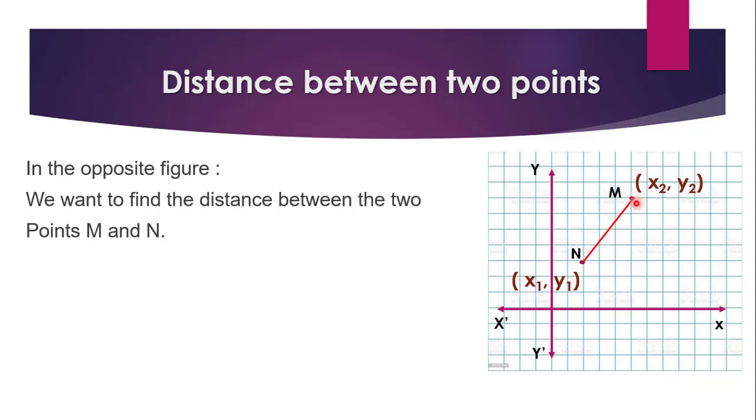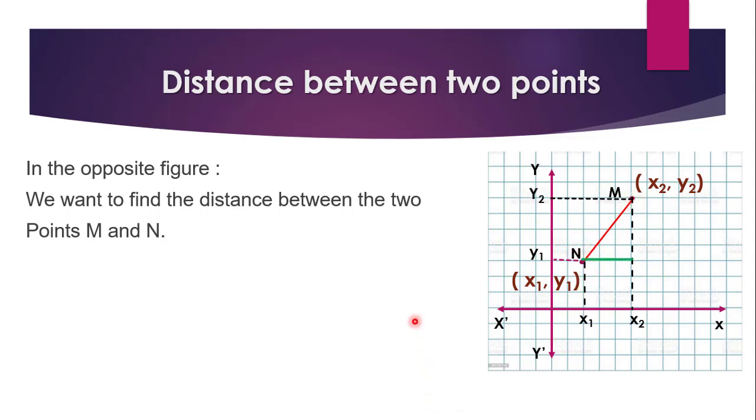In this case, I want to complete the drawing of a right angle triangle in which MN is the hypotenuse of this right angle triangle. Why? Because I want to use Pythagoras theorem to get the length of the hypotenuse MN.